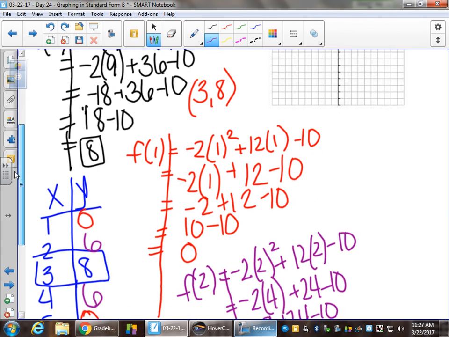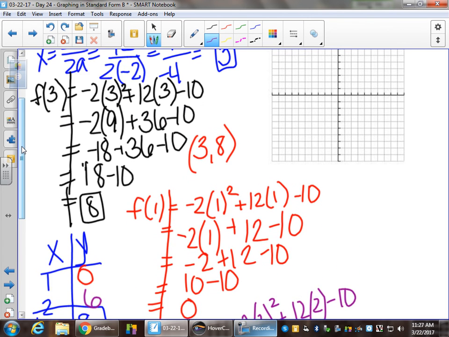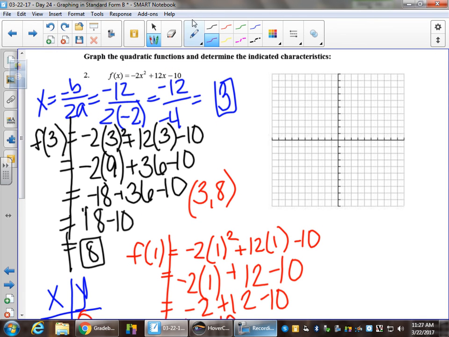Julio, how am I going to graph the vertex? What's my vertex? 3, 8. So what are my shifts? How am I going to plot that? Julio, how am I going to plot that? Right. 1, 2, 3, 4, 5, 6, 7, 8.